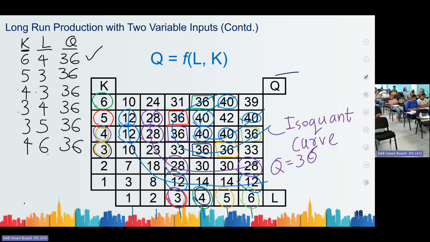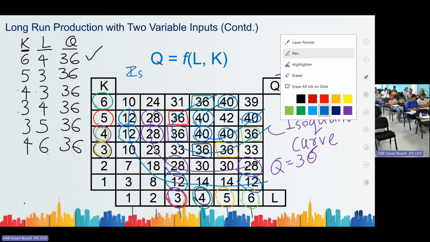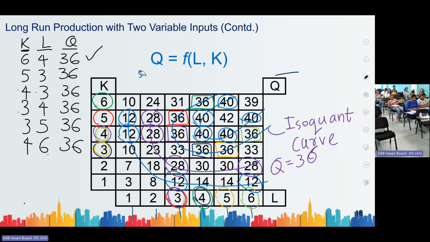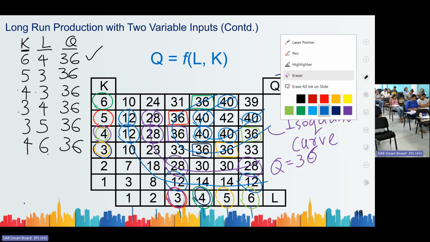Likewise, we have different isoquants. A combination of isoquants is called an isoquant map.